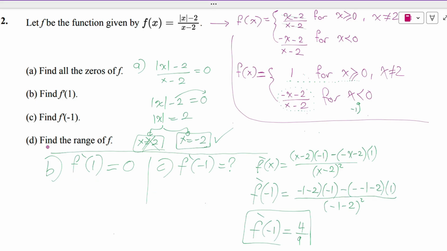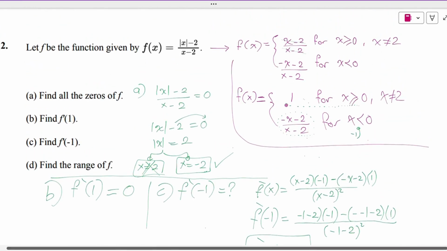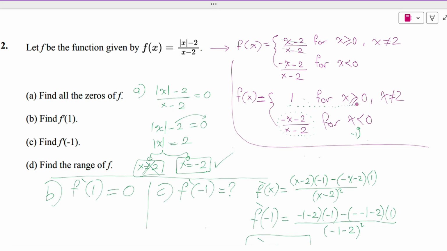The next part is to find the range of f. And the range is always associated with the y-axis, so the maximum y value and the lowest or the minimum y value for the function. Now if you look at the function, our function is a piecewise function and it's equal to 1 for x bigger than or equal to 0, excluding the 2 of course.